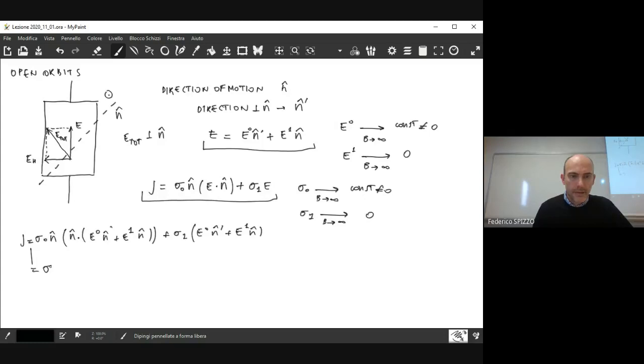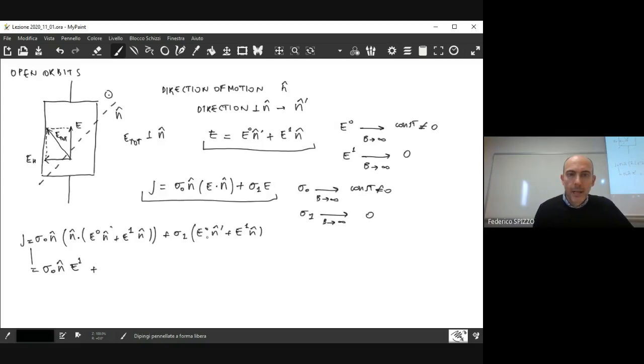So we have sigma 0 n. Then in this equation, n is orthogonal to n prime. So only the terms with E1 survive. So we have E1 here.